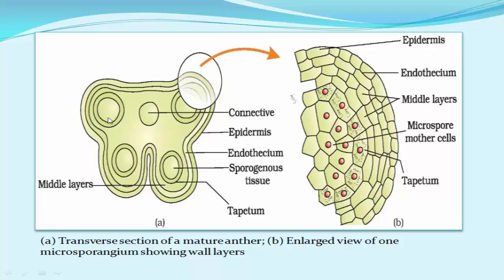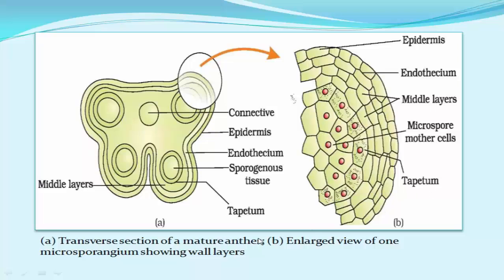They are circular in outline. It is connected with the help of connective. Both the lobes are joined with the help of connective. When the single microsporangium is enlarged, it shows the presence of these structures.